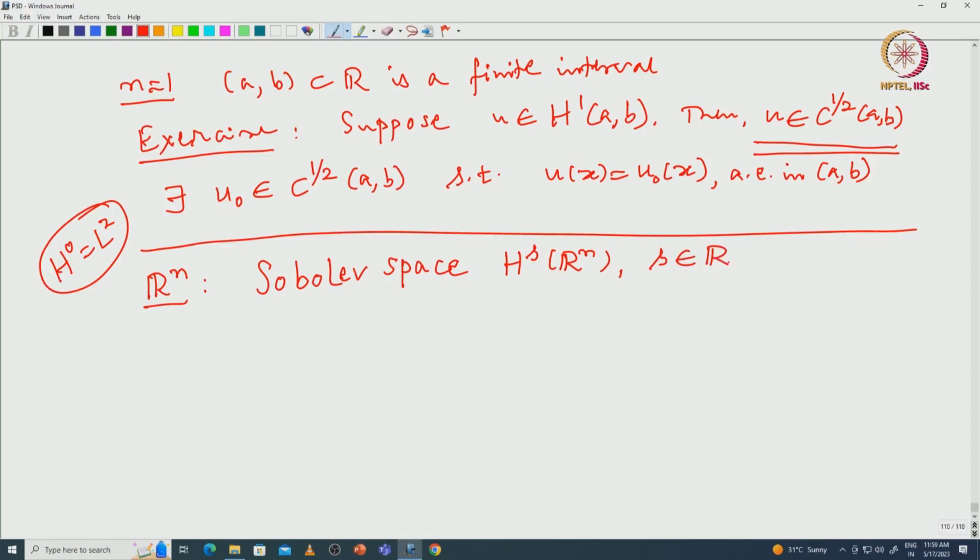For open sets we were not able to do that because we were counting the number of weak derivatives, but using this definition we can also define Sobolev spaces of fractional order. So, what is the definition here? H^s(Rn), let me just write that.